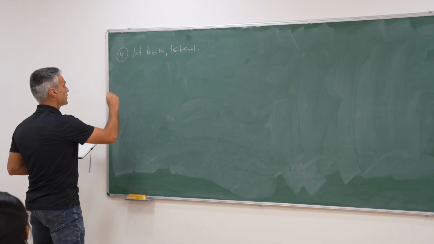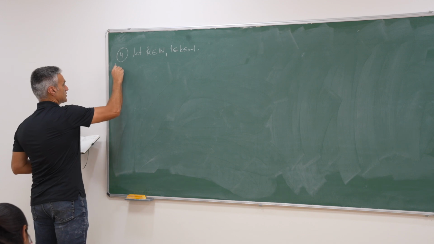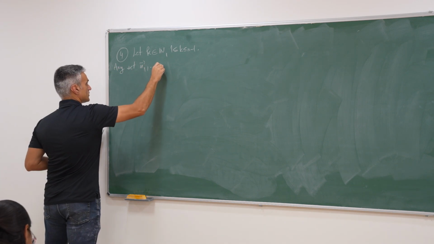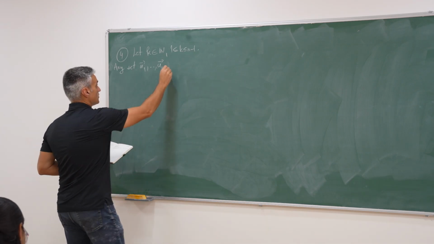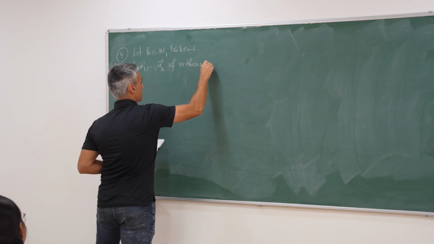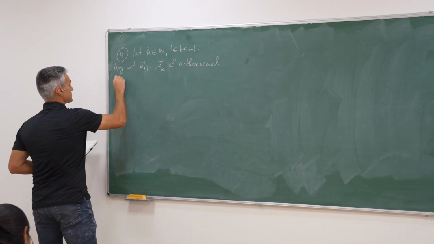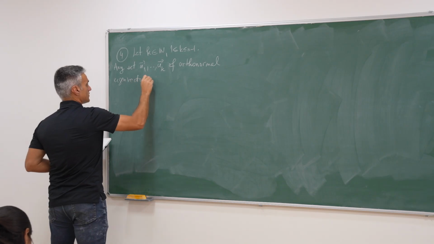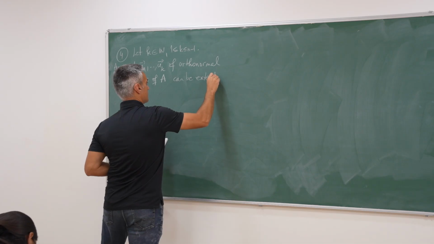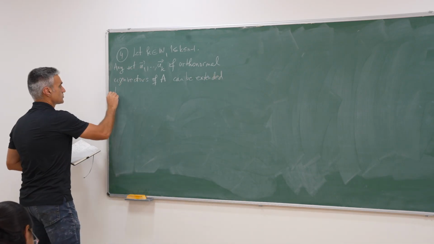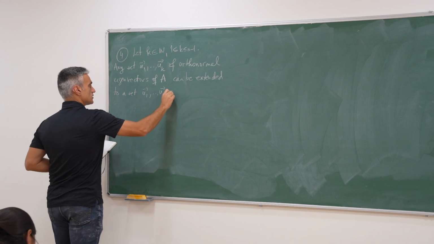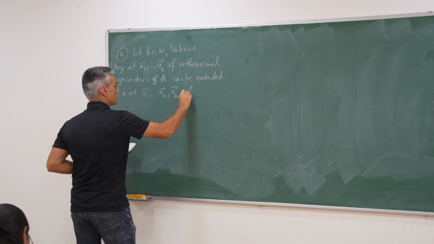What we'll show is that any set U1, ..., UK of orthonormal eigenvectors of A can be extended to a set U1, ..., U(K+1) of orthonormal eigenvectors.